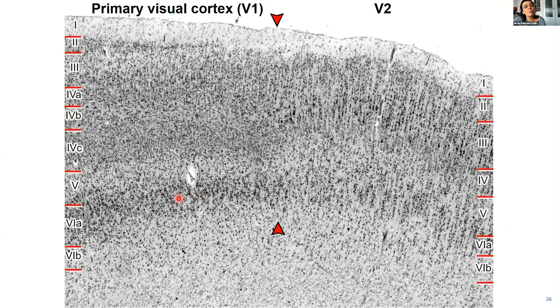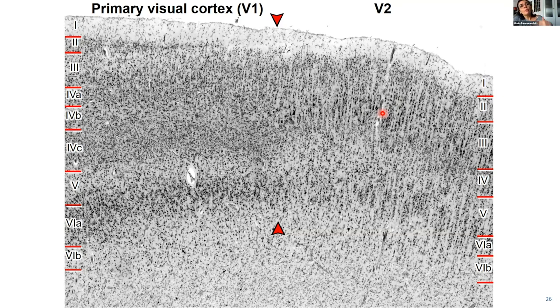We also see this prominent layer 6A disappears at this position here. It becomes less prominent because to the left, we've got more cells, a higher cell packing density than to the right. But in area V2, in layer 3, we've got some large cells that don't appear in area V1. These are so-called Maynard cells. So these are factors that we look at to define this border here.